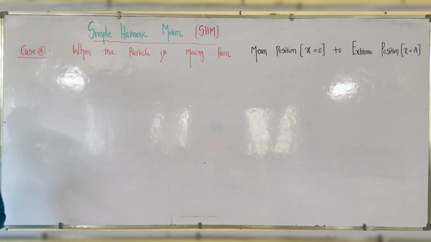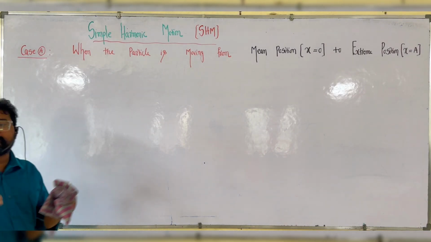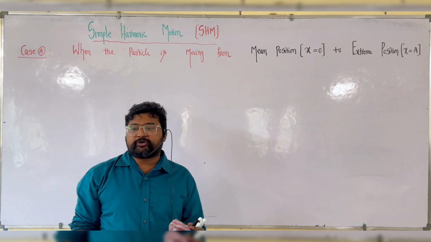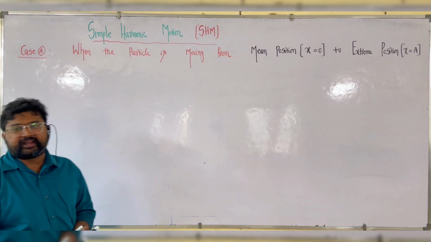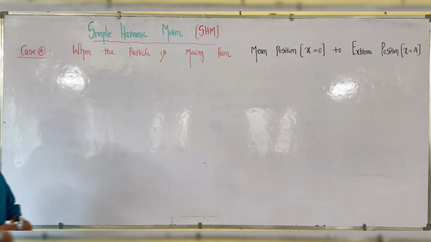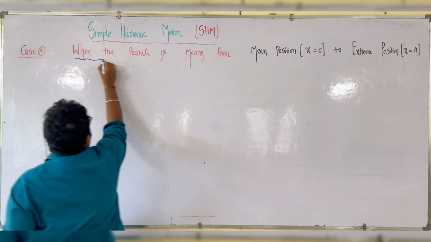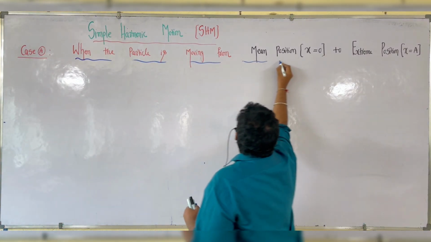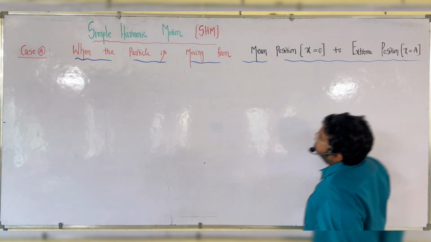SHM means the particle is oscillating between two extreme positions about a mean position. That is simple harmonic motion.